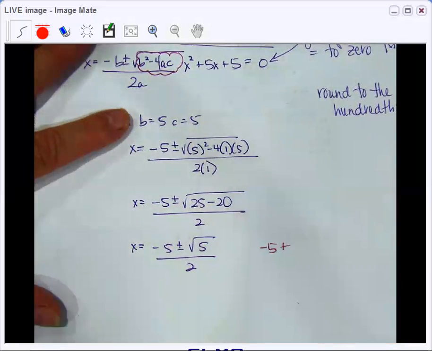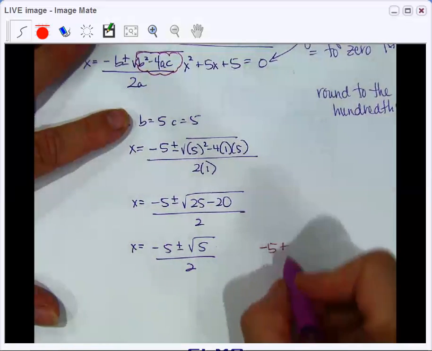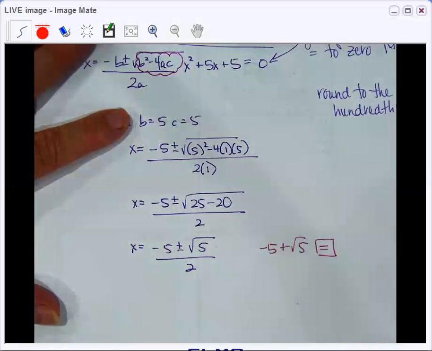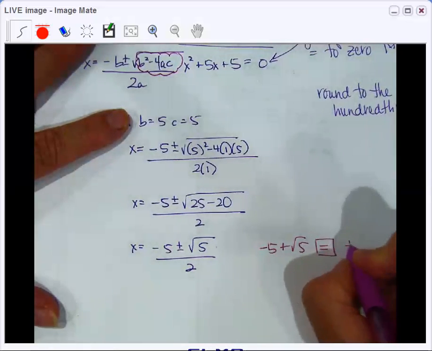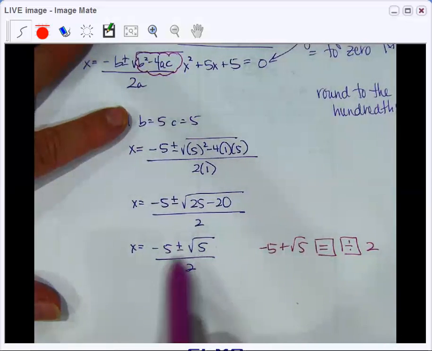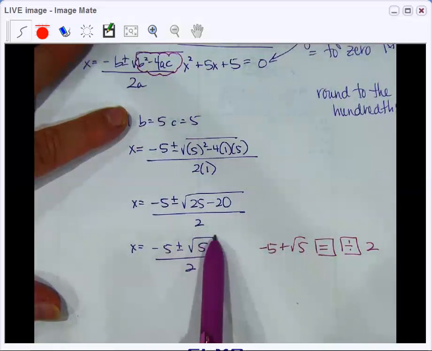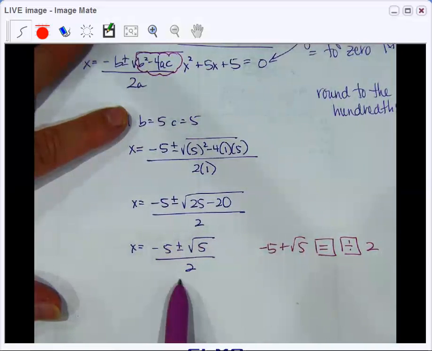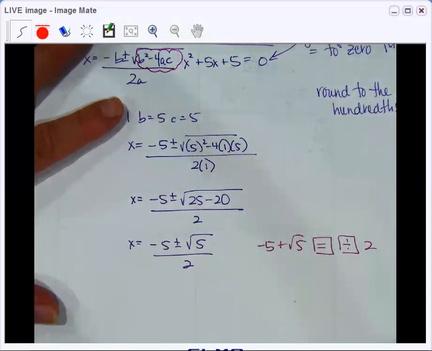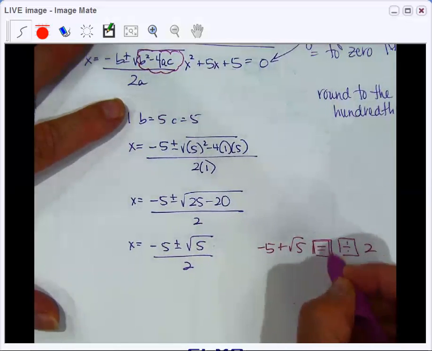So in my calculator, I'd be typing in -5 plus the square root of 5, equal sign, divide by 2. Because if not, what you're actually doing is -5 plus the square root of 5 halves. Yeah, because I was doing it all together in one. Yep, you got to hit that equal sign. That's the key.